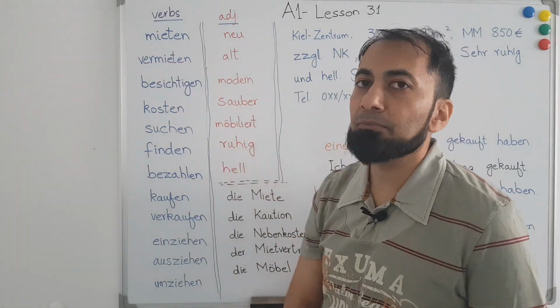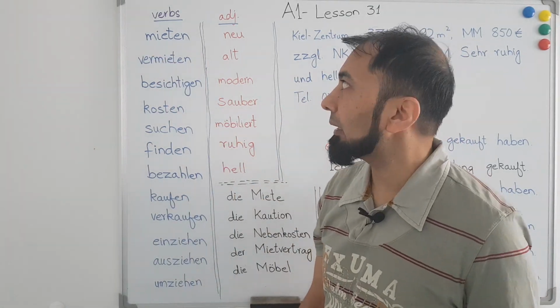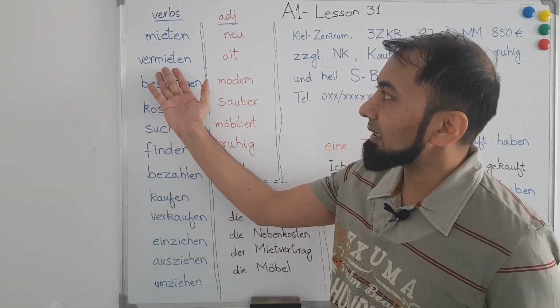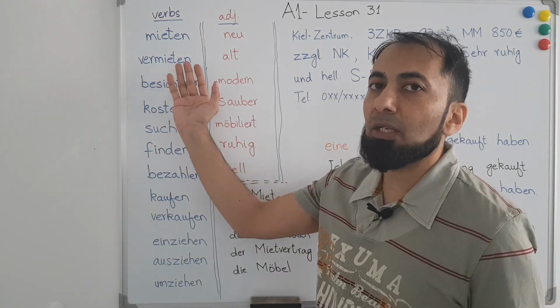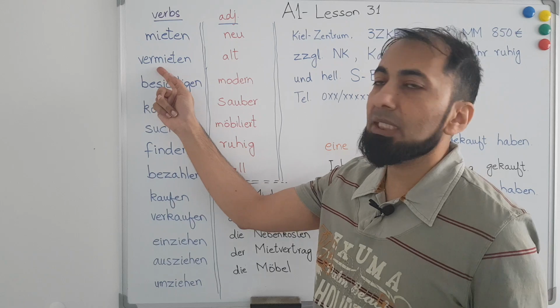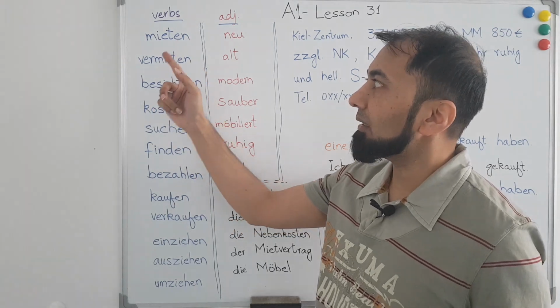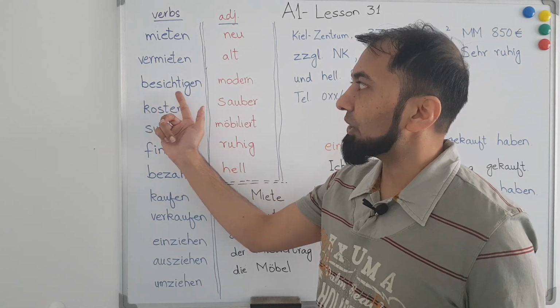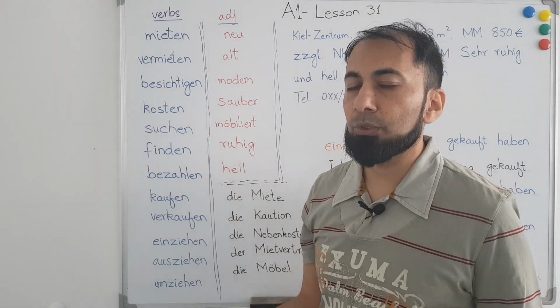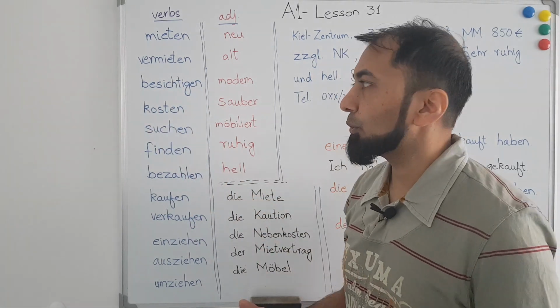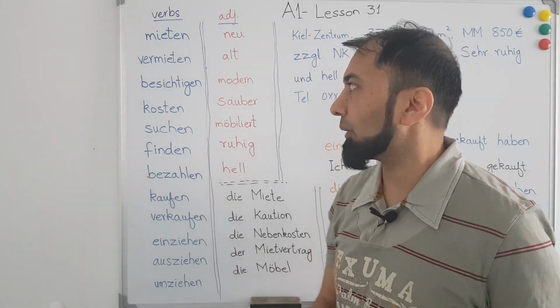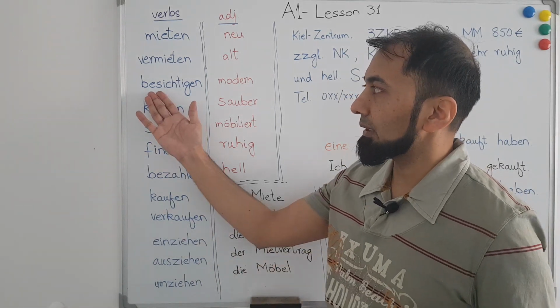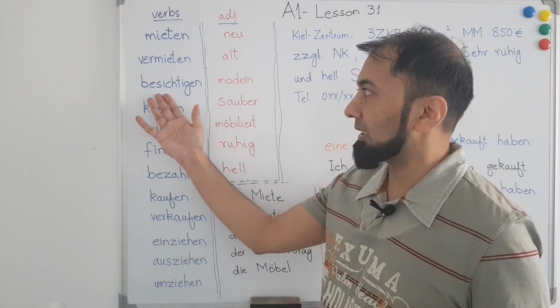The first verb is mieten. Mieten means to rent. The next is vermieten, which is the opposite of mieten, which means to let. Mieten, to rent. Vermieten, to let. Besichtigen means to view. So when you visit the apartment to see whether it fulfills your requirements, then you use the verb besichtigen.